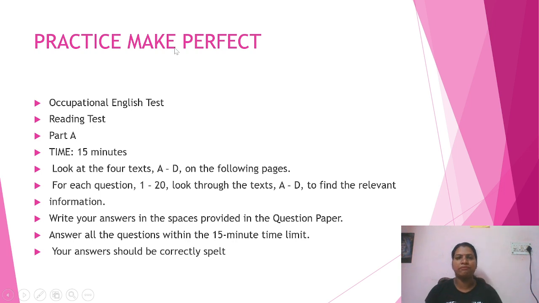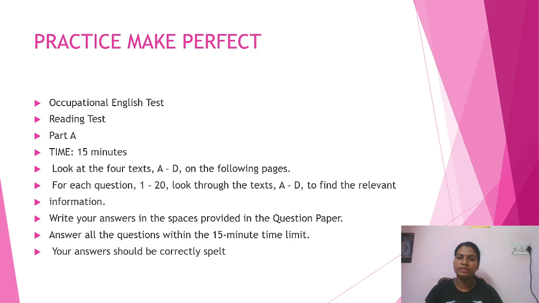Practice makes perfect. Practice, practice, practice. Practice is very important in OET Reading Part A, especially for time management. This is the Occupational English Test. In Reading Part A, you get 15 minutes to complete 20 questions. You have to look at 4 texts, Text A, B, C and D, on the following pages.